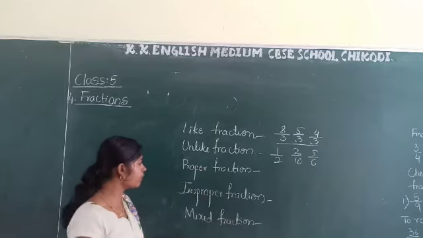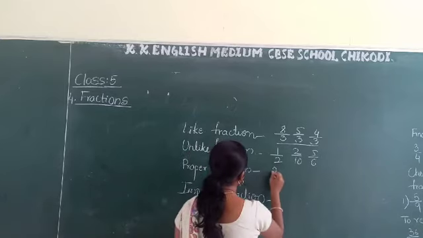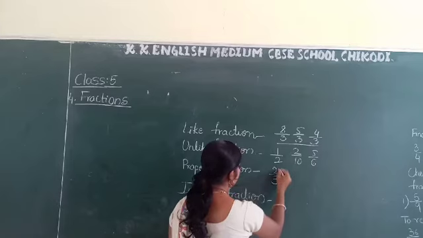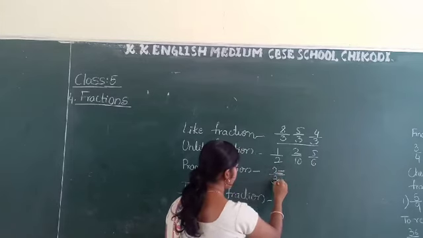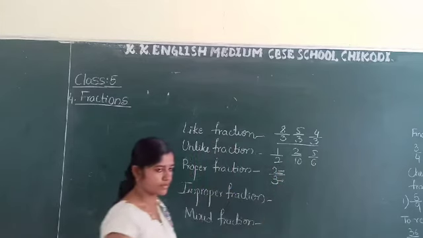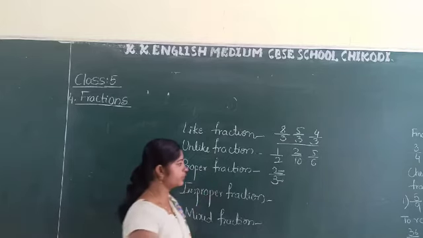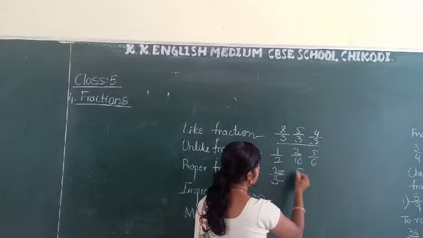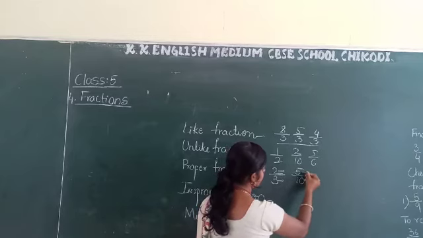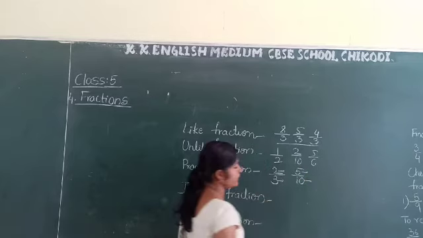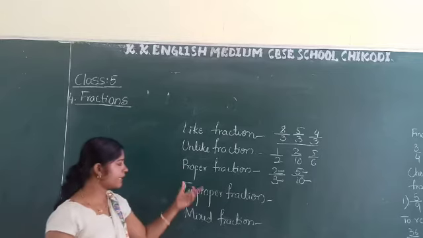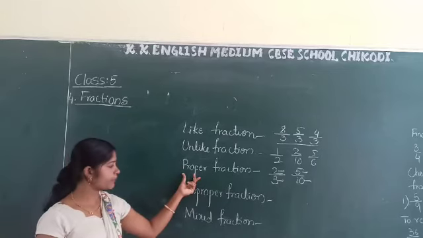Then what is proper fraction? Take 2 by 3. Here the numerator is small and the denominator is big, so we call it a proper fraction. Take 5 by 10 also.